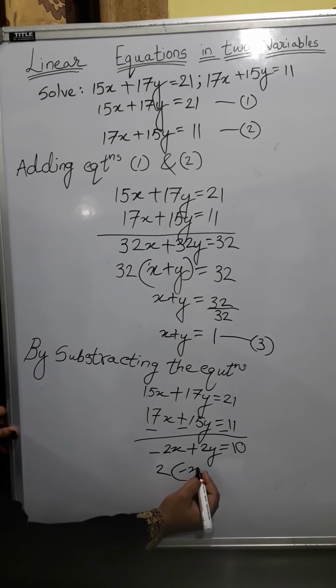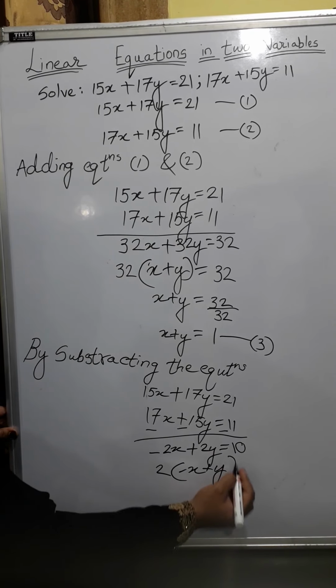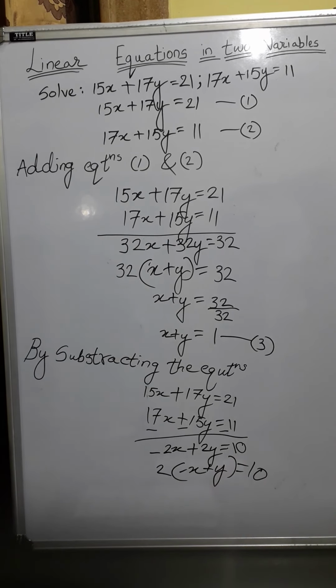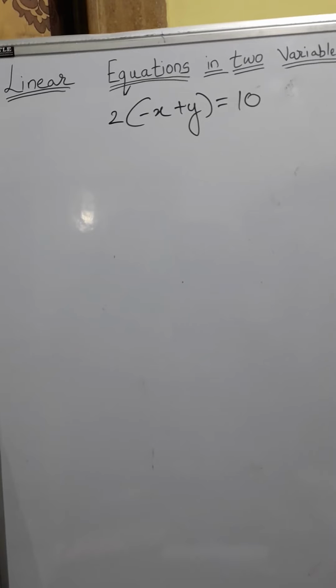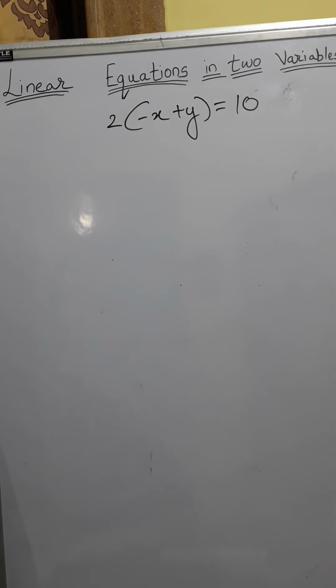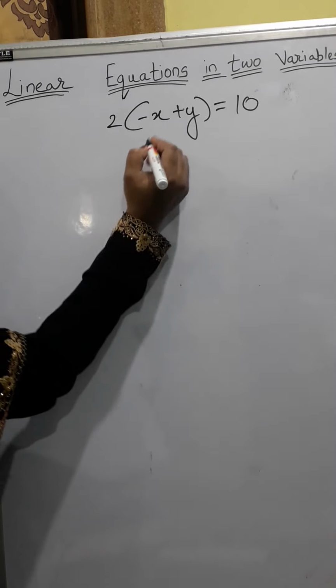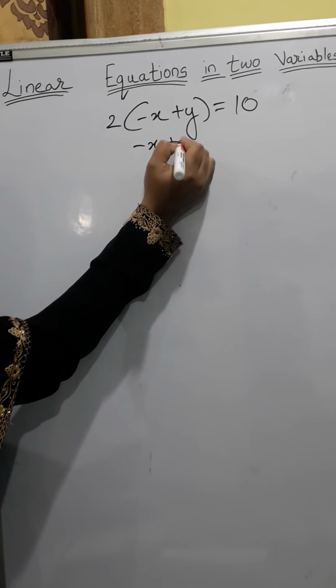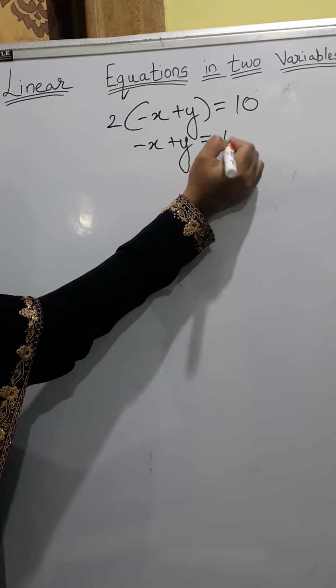So this will be minus 2 into bracket x plus y is equal to 10. Now we have to take 2 to the other side of the equation, so that this will be minus x plus y is equal to 10 by 2.